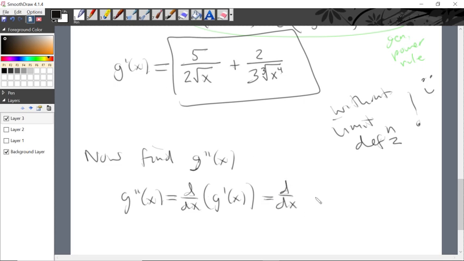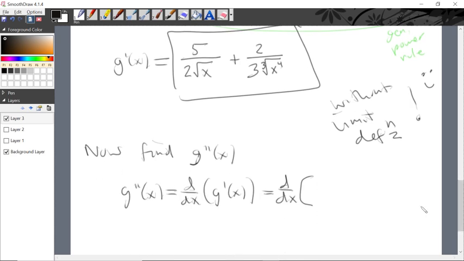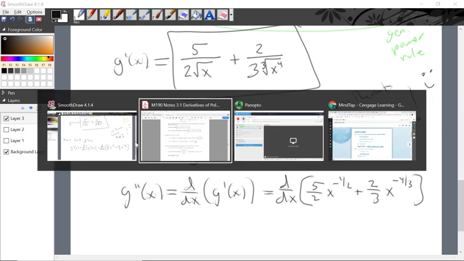So we want the derivative of this answer right here, and it'll be helpful for us to rewrite it with power terms again. So we'll take 5/2 x to the negative 1/2 plus 2/3 x to the negative 4/3, and then we'll just take the derivative of that. Okay, we'll come right back to that in a moment.